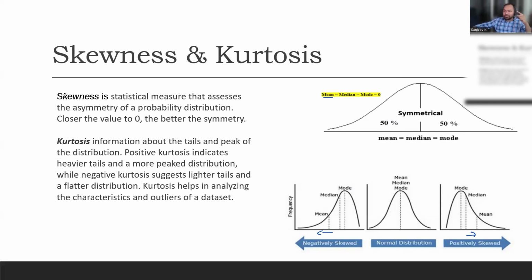So I'll just go and measure the skewness. If the modulus of skewness is less than 0.5, for example, I don't want to look at the sign, then I can tell it is almost normal.